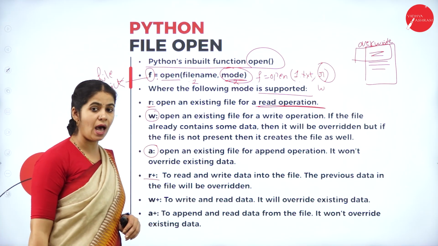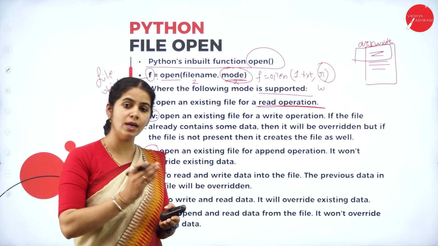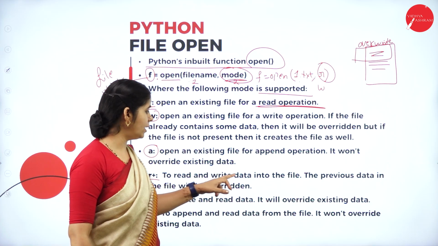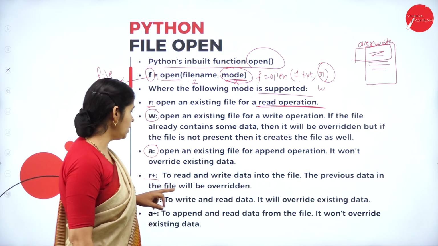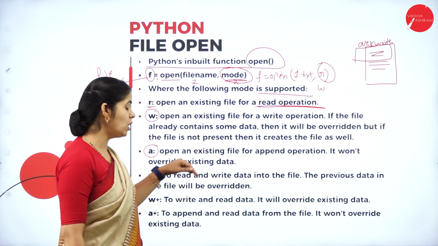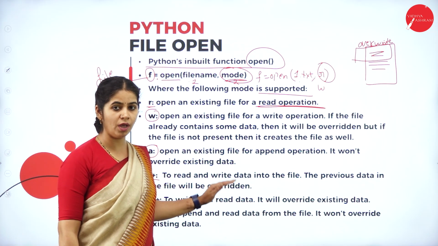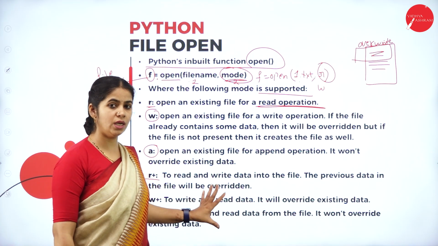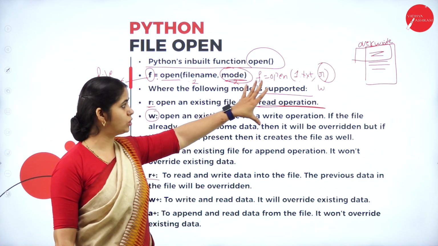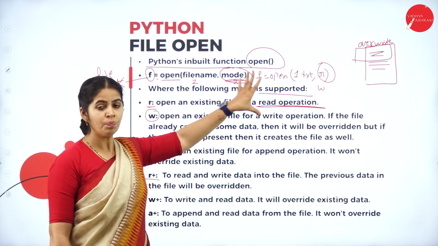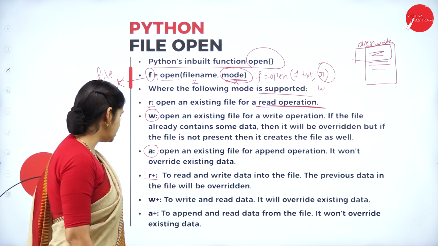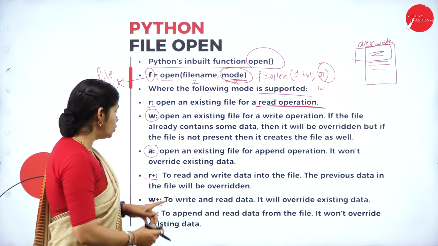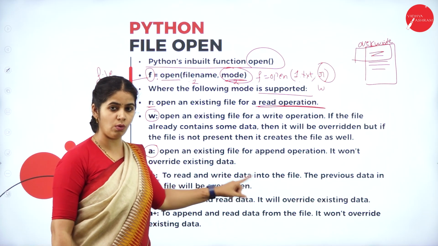R plus stands for read as well as write. To read and write the data into the file, the previous data in the file will be overwritten. Whatever is there in 1.txt will be overwritten. In W plus, we write and then read.